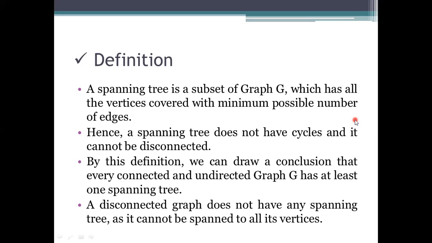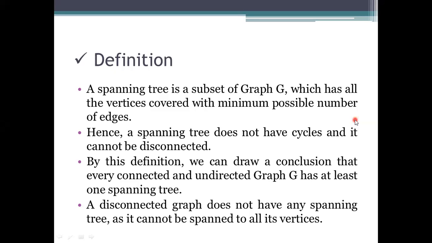If we have closed paths in a tree, then it becomes a graph or a tree, but it's not a spanning tree. We can have the spanning tree for undirected graphs and also for directed graphs.